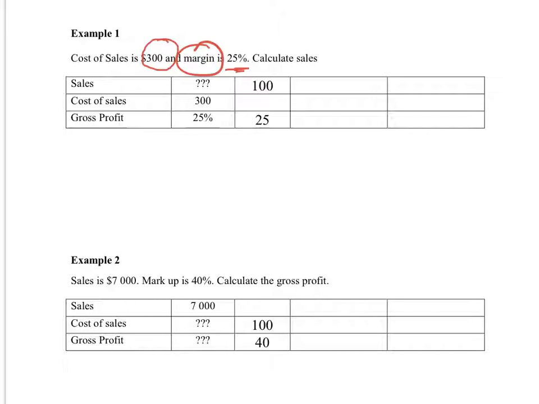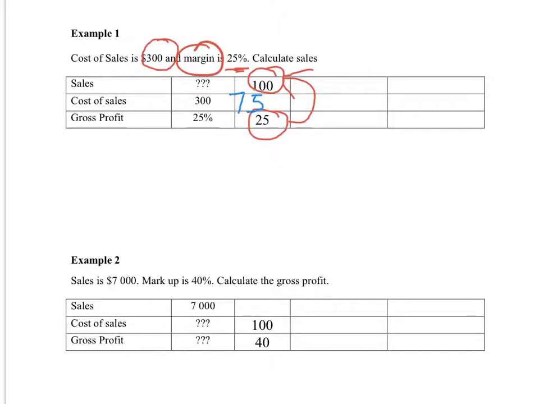Now, you know that the margin is a certain percentage of sales. So if sales is 100 and the gross profit margin is 25, it is 25% of sales, which leaves cost of sales as the missing figure, which makes it 75.